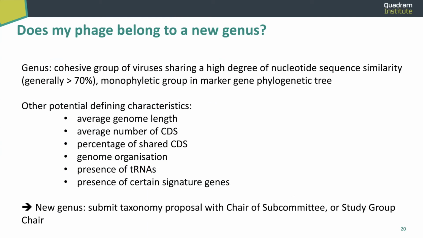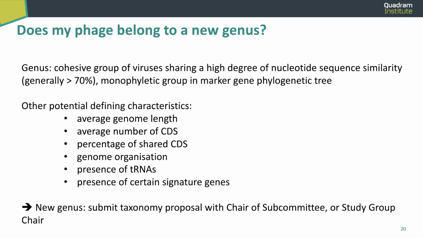Now, for the genus level, what we also need is that it needs to be a cohesive group of viruses that also is monophyletic in its marker genes. Why do we need this? Because the ICTV, as a rule, needs phylogenetic analysis to back up its taxonomic proposals.